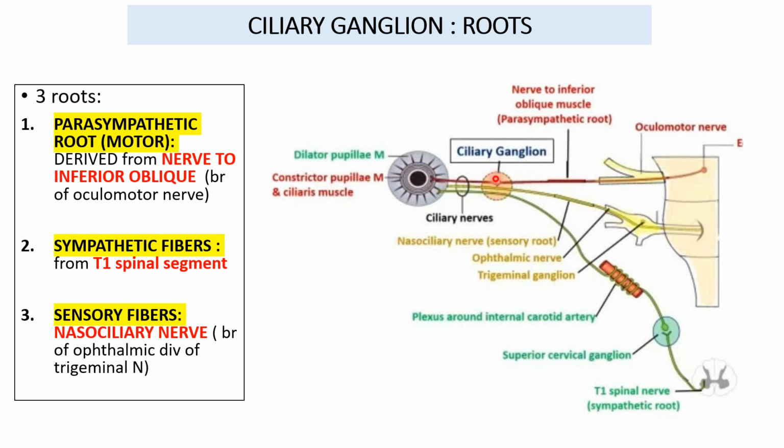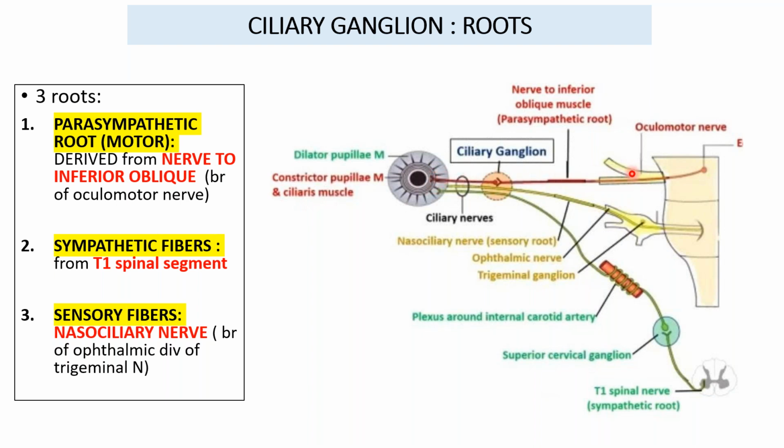This is the only route, the parasympathetic motor fiber, which is going to synapse in the ciliary ganglion. You can see this is the preganglionic fiber synapsing in the ciliary ganglion, and then the postganglionic fibers reach the constrictor pupillae and ciliary muscle.